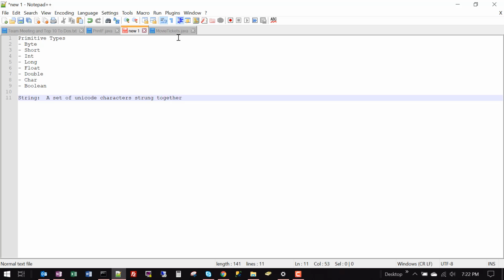That's where we get the term string from. When we take a set of Unicode characters, the kind of characters we can type on the keyboard, along with a lot of other special symbols that can appear in text documents.